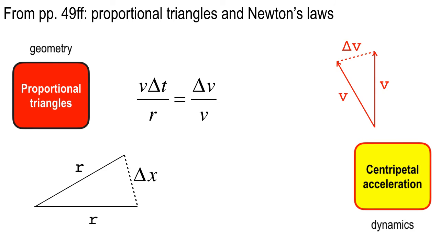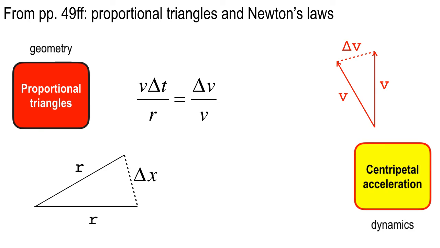And they're equal. We know that from knowing two things: that the trajectory is circular and that it's uniform speed. So the V doesn't change. The length of the arrow doesn't change, but the direction changes.